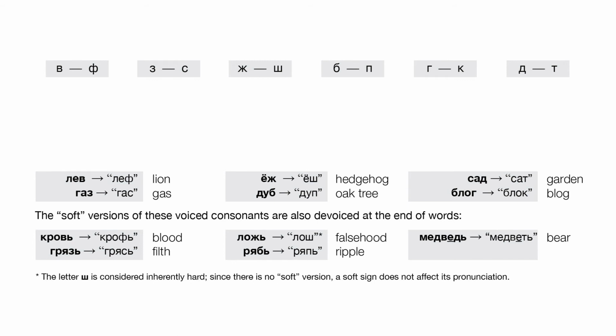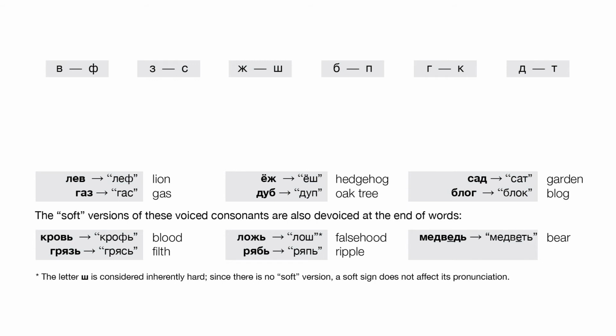A ripple is a ryab, but that's not what we say. We devoice the B to a P and we say ryap. Finally, here's maybe the most common example, at least for now. A bear would be not medved, but medvet, with a final soft T.